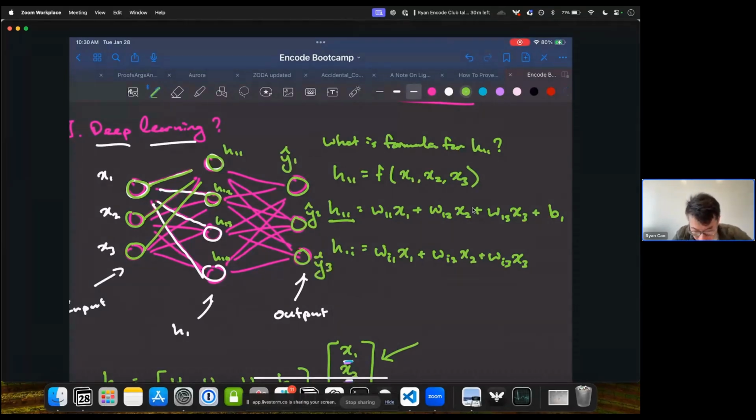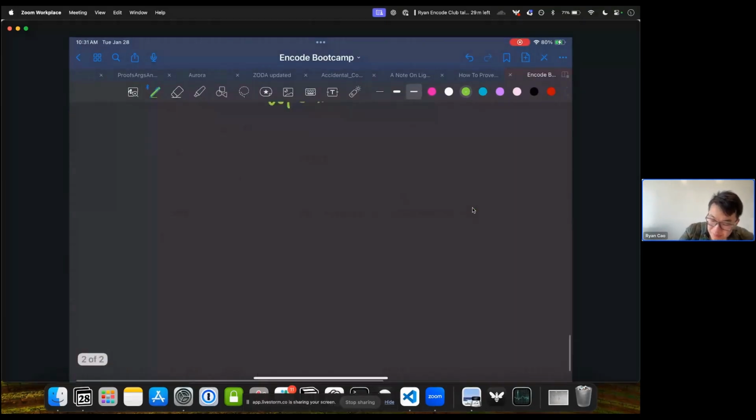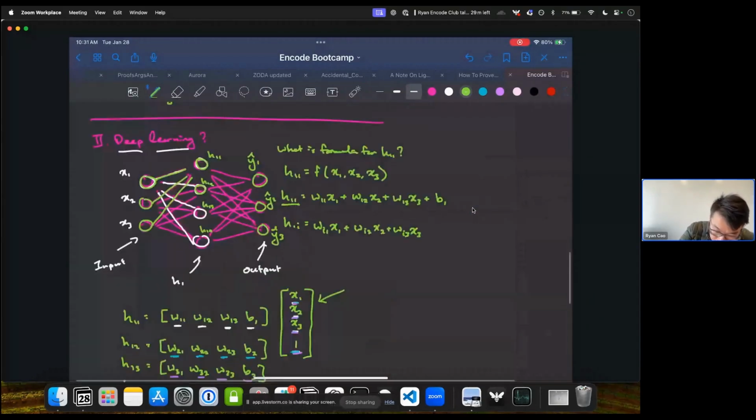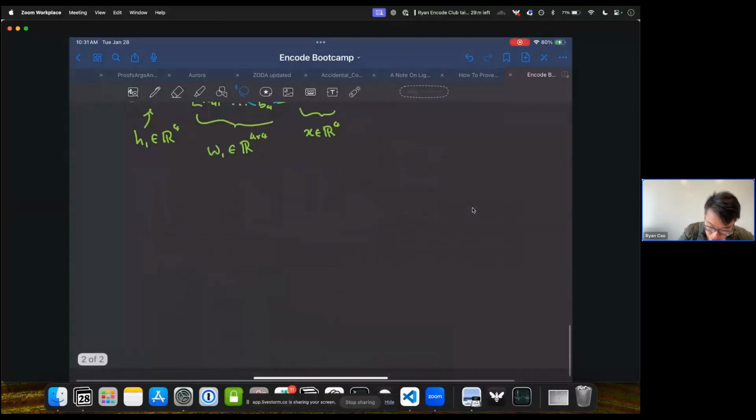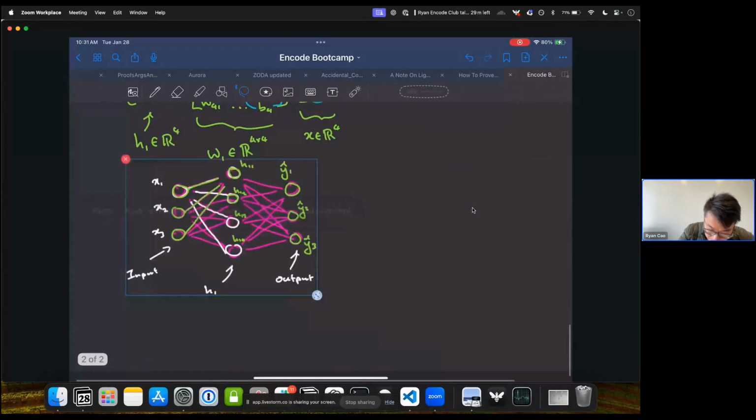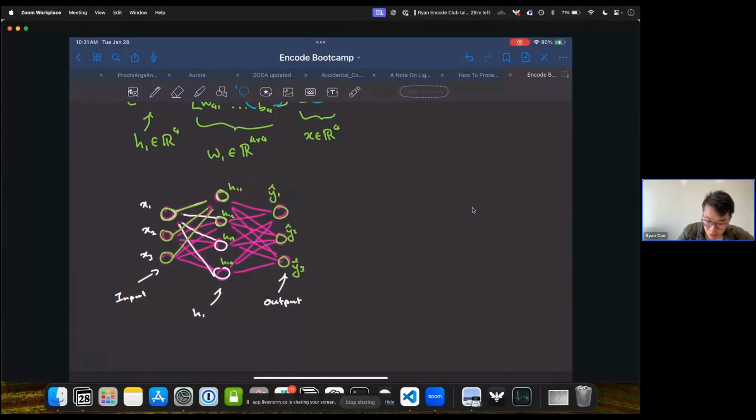Y hat 1, 2, and 3 should have the same relationship to the h's that the h's had to the x's, because this is just another linear layer. Let's copy this and drag it down so that we still have the picture, but not all the clutter around it.